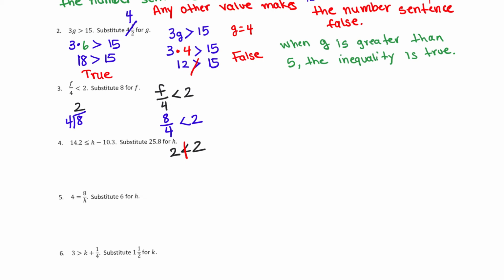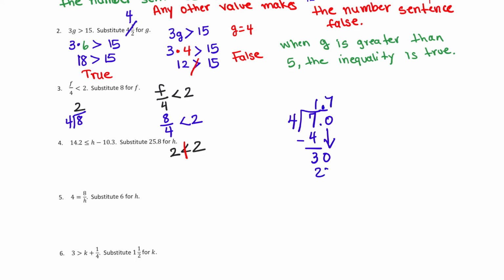To make this inequality true, we have to divide by 4 a number that is less than 8, so the answer could be less than 2. We can try the number 7. I know we're going to get a decimal, but we can just try it. If we do 7 divided by 4, you're going to see that you get a number less than 2. If you have a calculator, that's going to make your life easier, right?